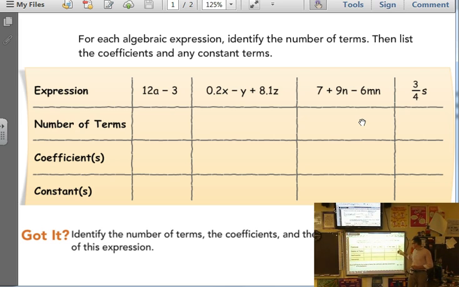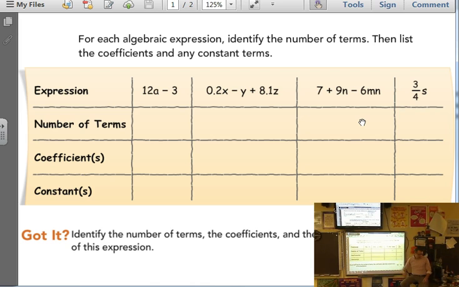So this would be a monomial. I know, that's why we normally just say it's a term. Yeah, it's a term. It is 3/4 S. Once I have 2 terms or 3 terms or 4, then I start to use binomial, trinomial. Not certain. You can look it up.